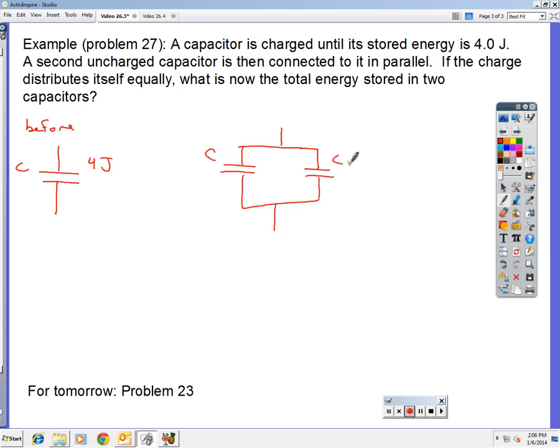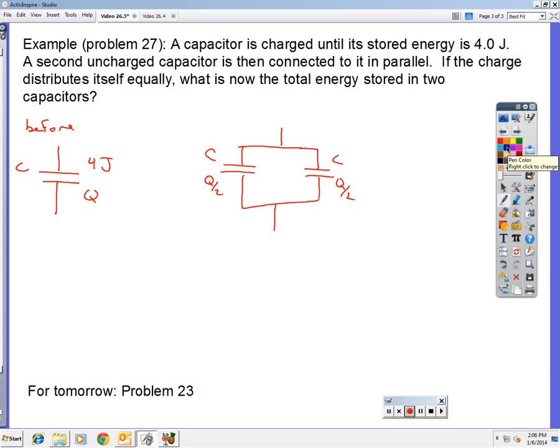And we'll say that those are identical. Now the charge is going to distribute itself equally. So this has charge Q on it initially. When you connect that second capacitor, it spreads itself out, so you have Q over 2 on this capacitor, Q over 2 on this capacitor.